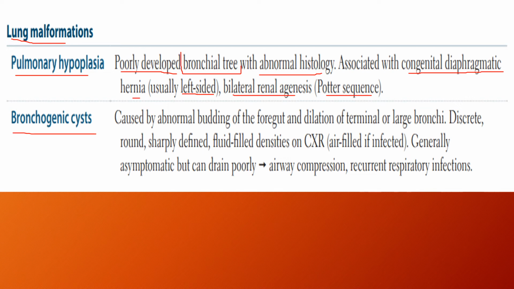Bronchogenic cyst is caused by abnormal budding of the foregut and dilation of terminal or large bronchi. The cysts are discrete, round, sharply defined, fluid-filled densities on chest X-ray, which look air-filled if infected by pathogens.